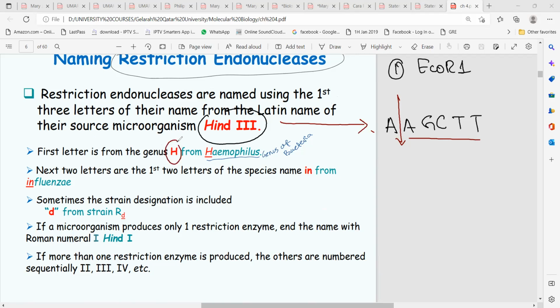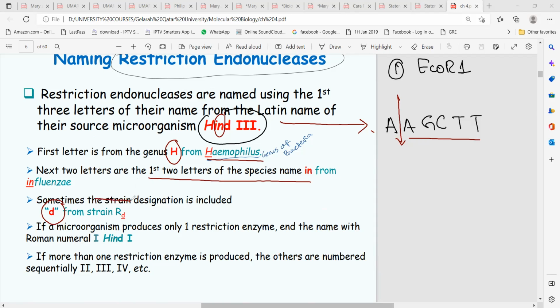The first letter is from the genus, Haemophilus. The next 2 letters are the first 2 letters of the species name, influenzae. D is the strain. Strains are different categories of Hind, and D is one of those categories.